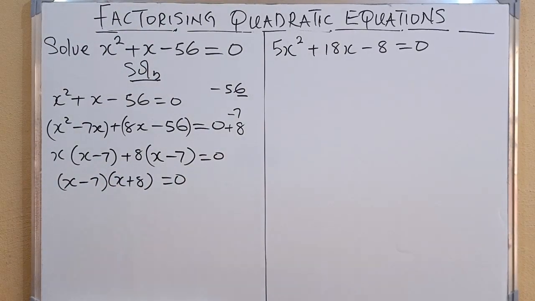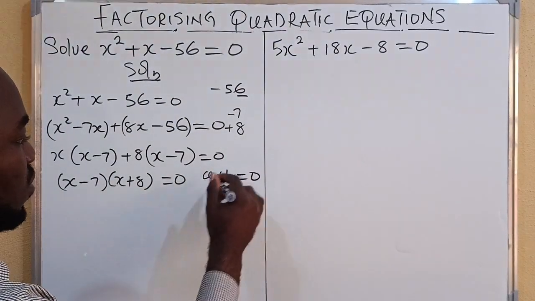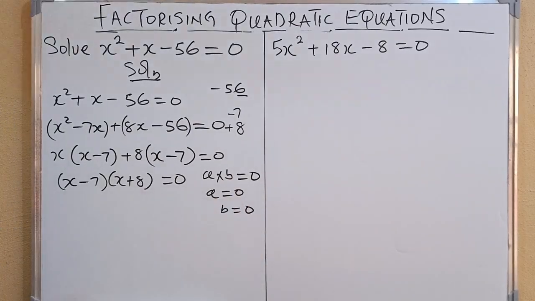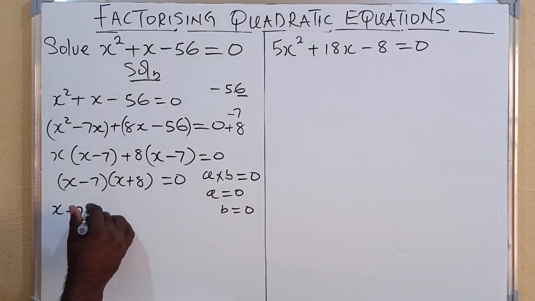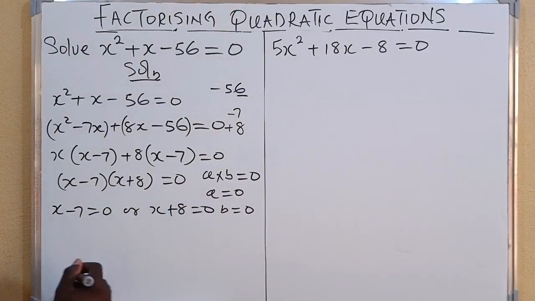And you know that in your quadratic equation, if a times b is 0, either a is 0 or b is 0. So if I multiply these two to give me 0, either x minus 7 is 0 or x plus 8 is equal to 0.